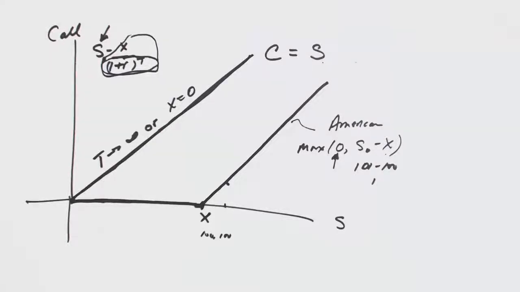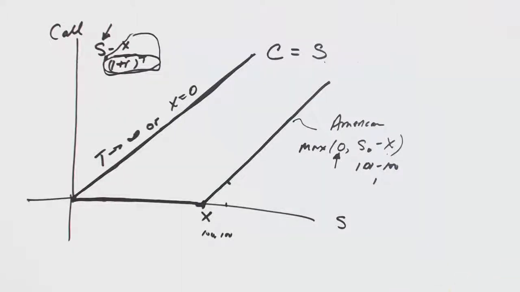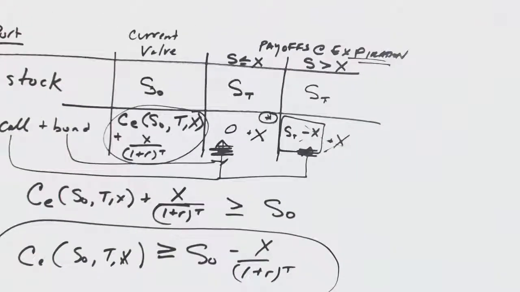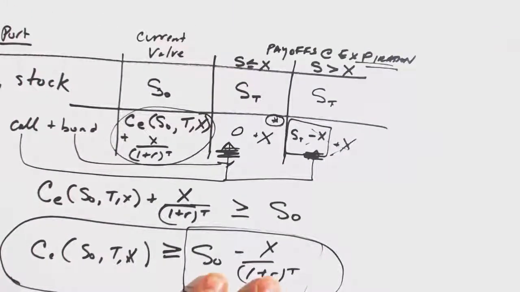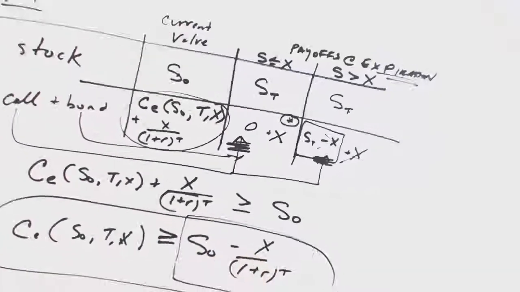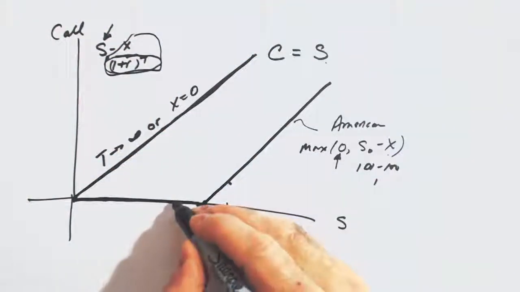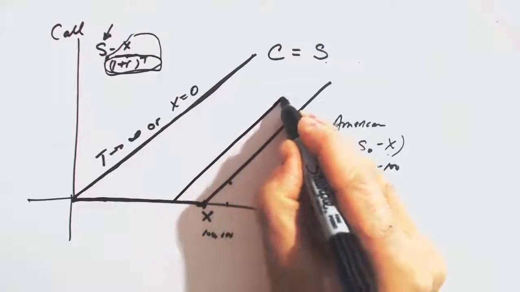Now, that's an American boundary condition. It turns out the European boundary condition is even higher, because the lower bound is wider. It's higher. That lower bound looks like this for the European.